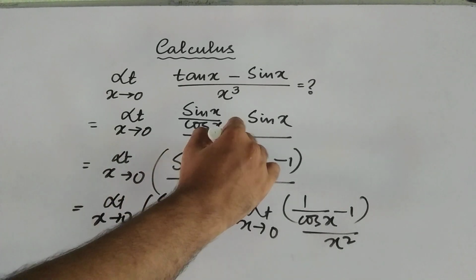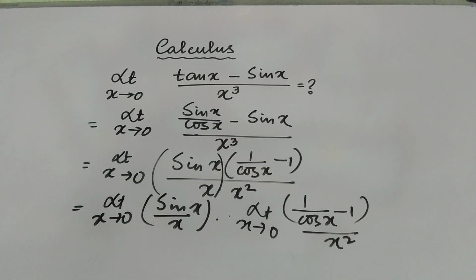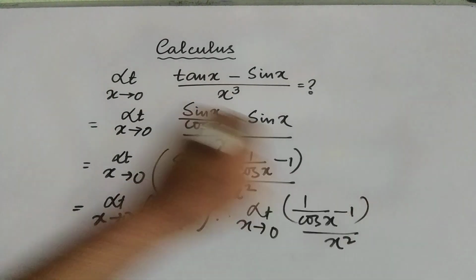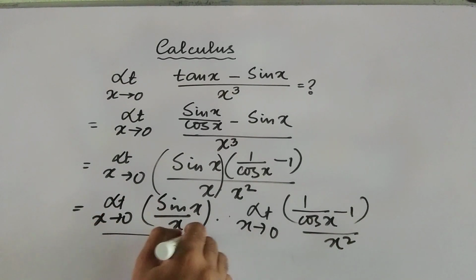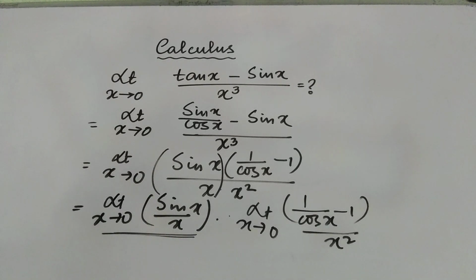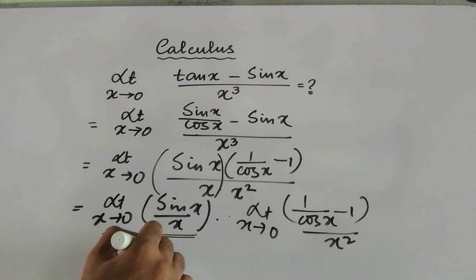So this part I have considered as a separate function, and another part I have kept as another function. Now you know from the basic formula of limit, this is evaluated as 1, right?